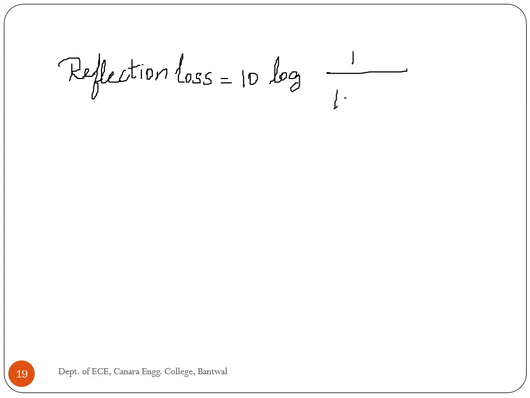Reflection loss is equal to 10 log of 1 divided by 1 minus square of reflection coefficient, which is equal to 10 log of 1 divided by 1 minus 1 divided by 25.